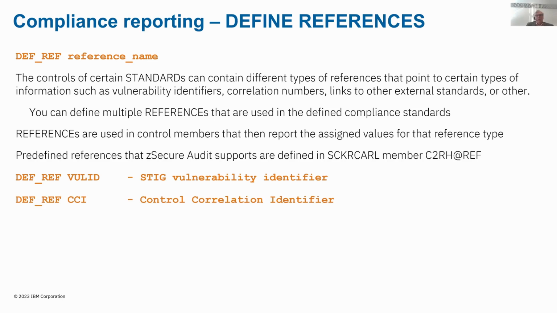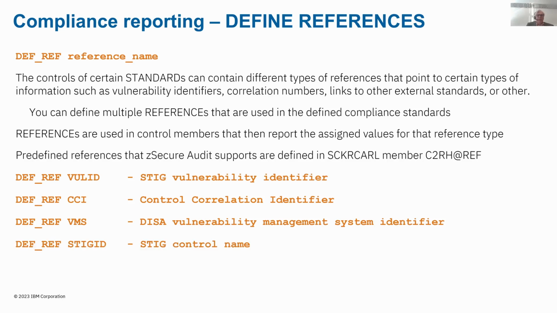The CCI, the control correlation identifier, that links the rule to a more general rule, basically. And then we have the VMS, the vulnerability management system identifier, which has not that much use outside of the government, I think. But the other ones are easy to find on the internet.